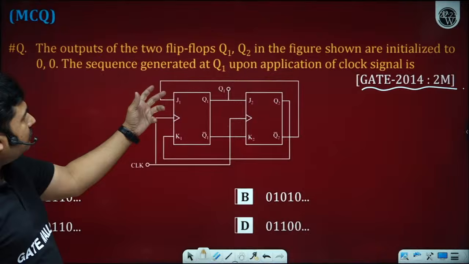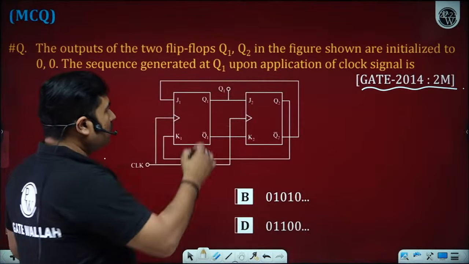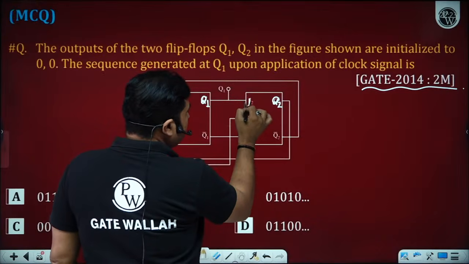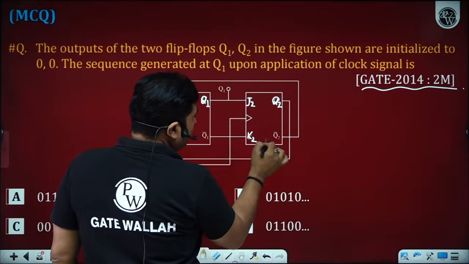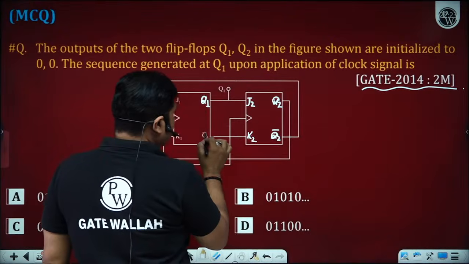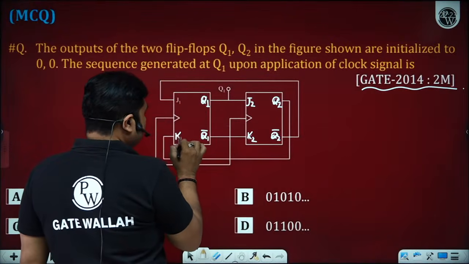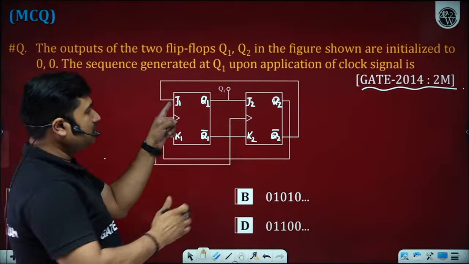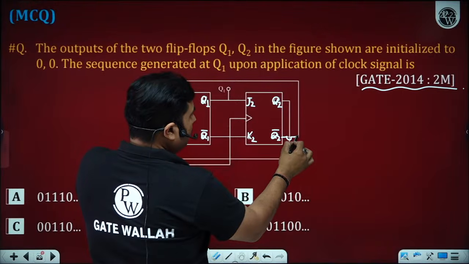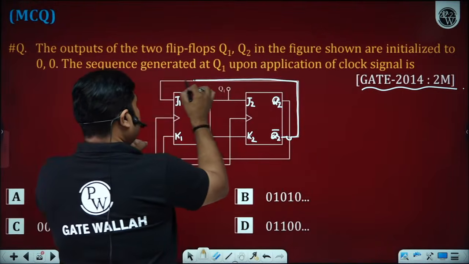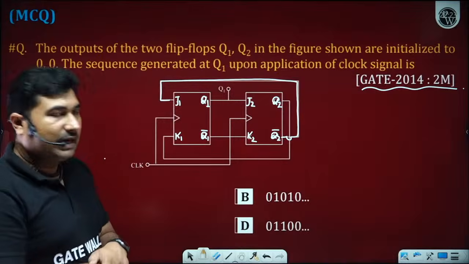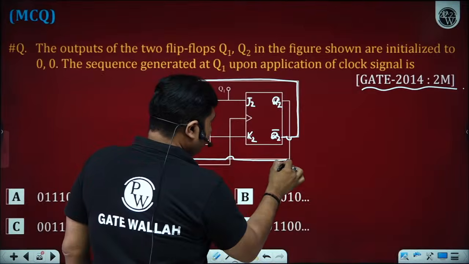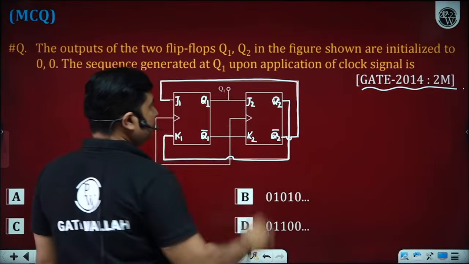The outputs of the two flip-flops, one is Q1, another one is Q2. This is J2, K2, Q2 complement, Q1 complement, K1, J1. We can see the input to J1 is Q2 bar, and the input to K1 is Q2.